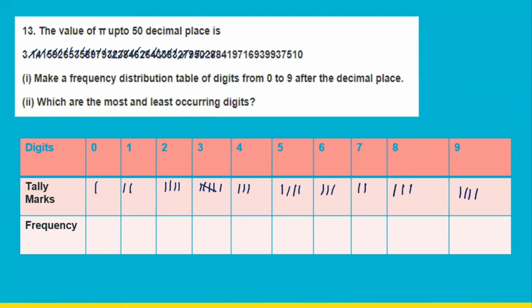After 0 there is 2. Okay. And then 8 is twice. Then it is 4, 1, 7, 1 again.